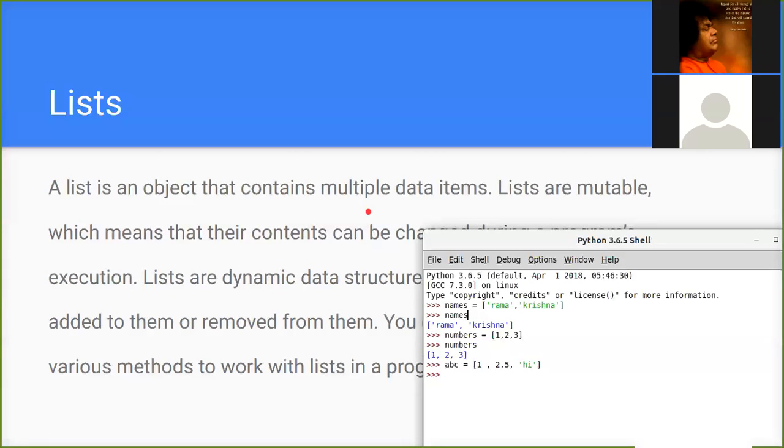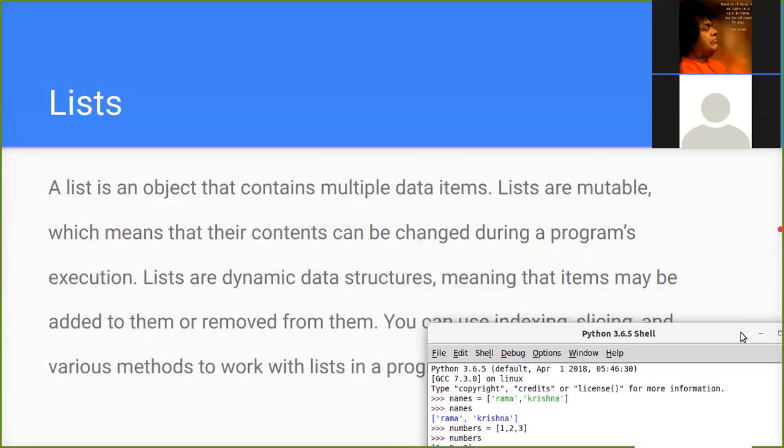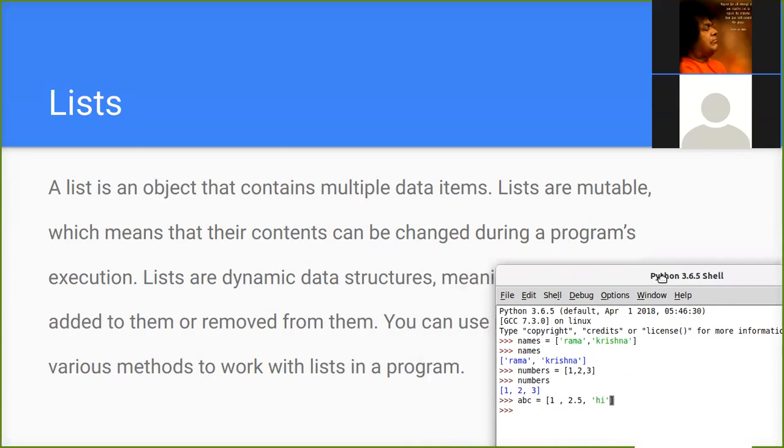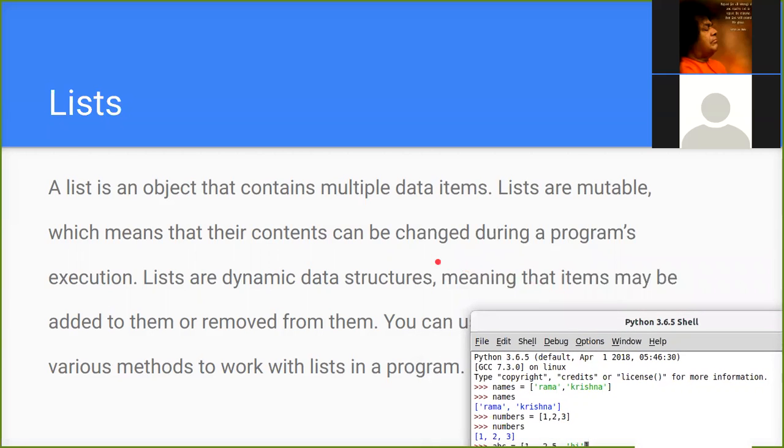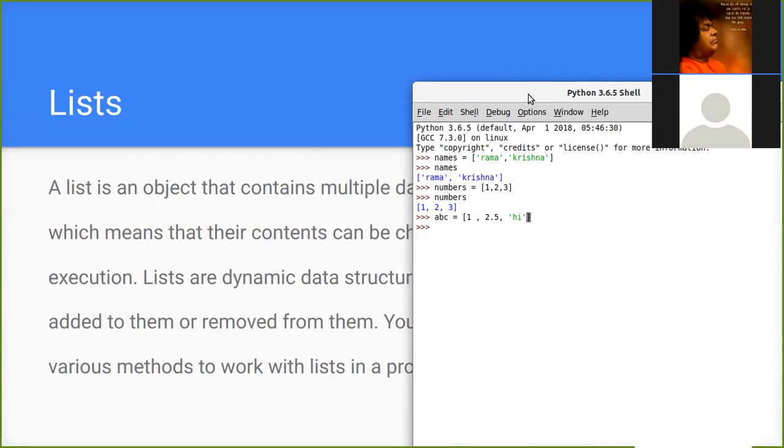Okay, so that is the first definition that I can give to a list. It allows me to store multiple data items, and this is how I create a list with square braces. The second property of a list is that it is mutable in nature, which means we can change the contents of a list. Also, lists are dynamic structures, meaning that items can be added to them and removed.